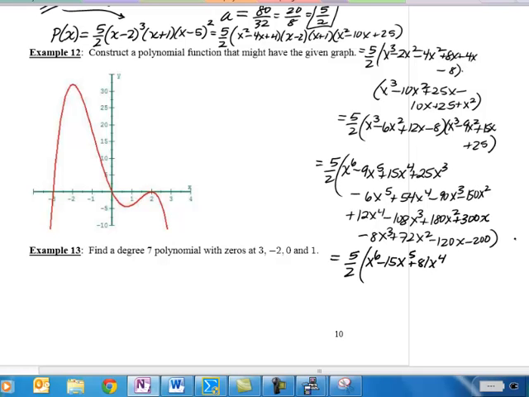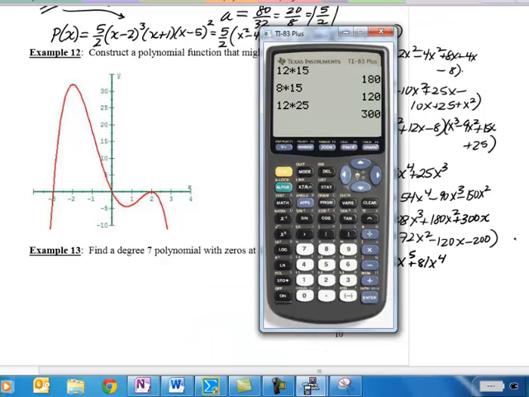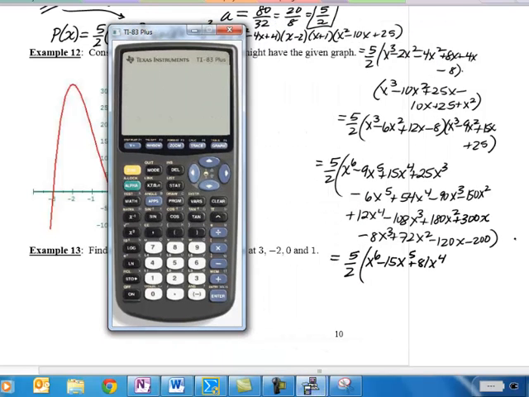The x cubes, we have 25 minus 90 minus 108. I'm going to grab my calculator. So negative 90 minus 108 plus 25. Any other x cubes in this mix?